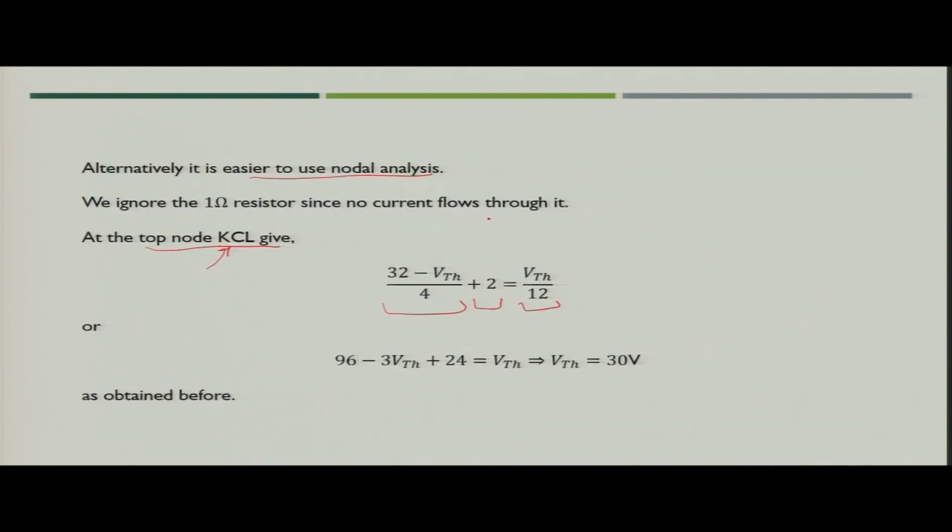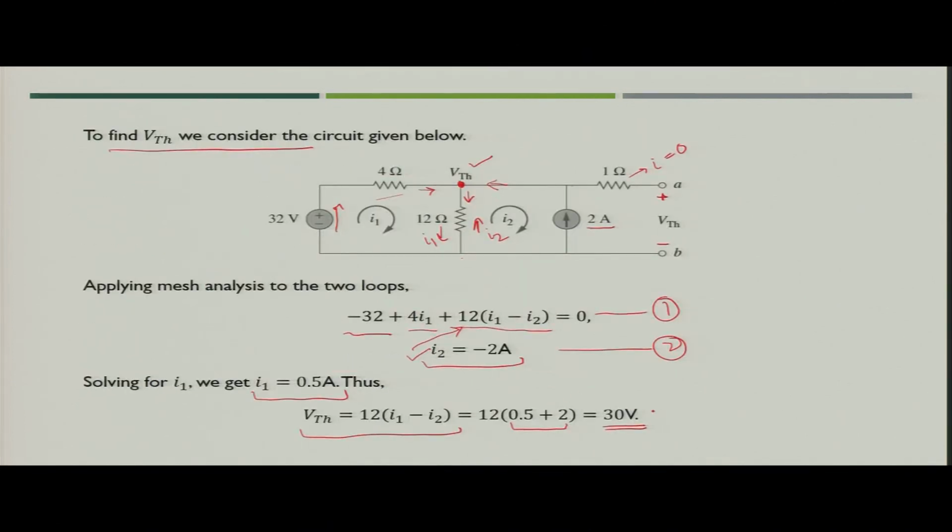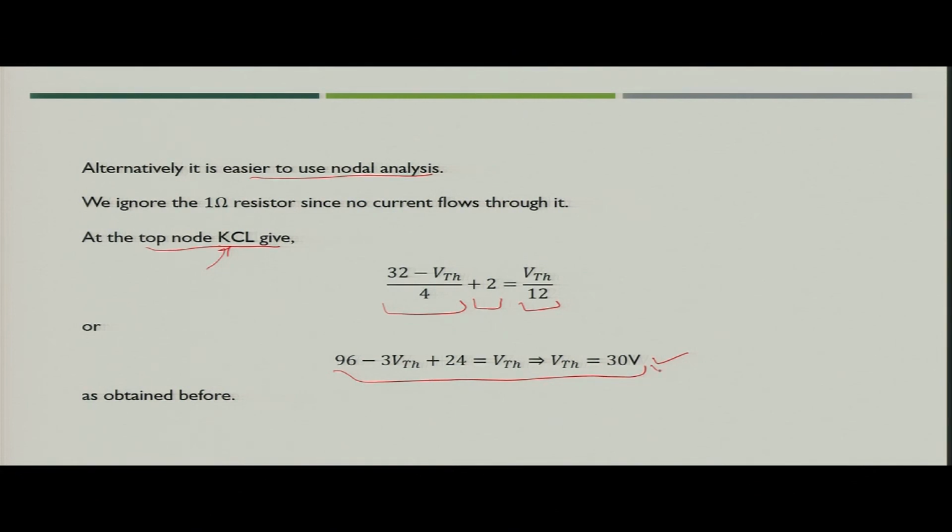So, you will simply get this equation when you apply the nodal analysis. Now, if you rearrange the terms and simplify it, you will again get the value of Thevenin voltage, that is 30 volt. So, either you apply mesh analysis or the nodal analysis, in both ways you will get the same Thevenin voltage.